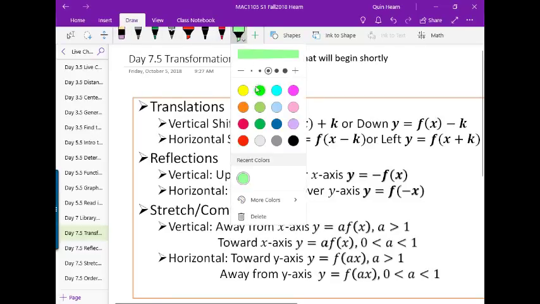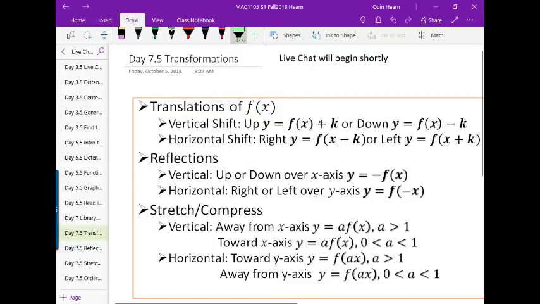So for example here, this is when we add a number to the outside of the function or subtract a number to the outside of the function, you get a vertical shift. When you add or subtract a number inside the function, you get a horizontal shift.